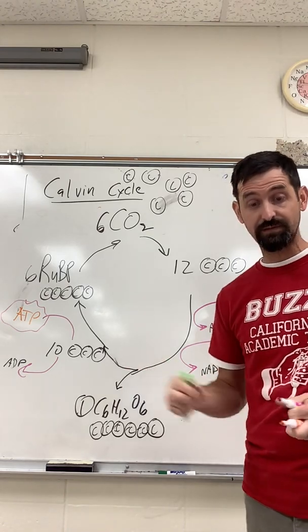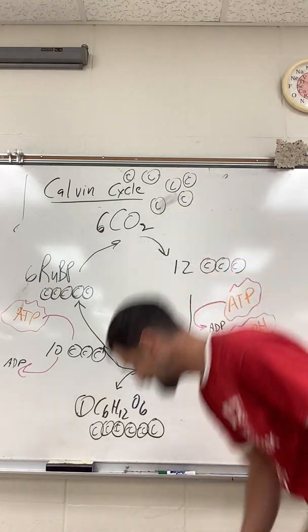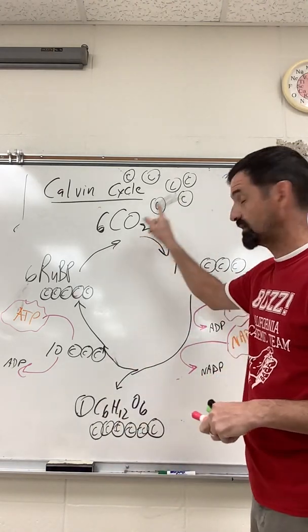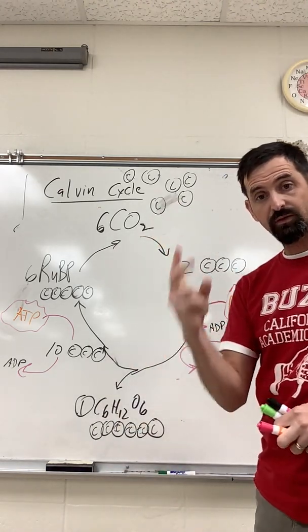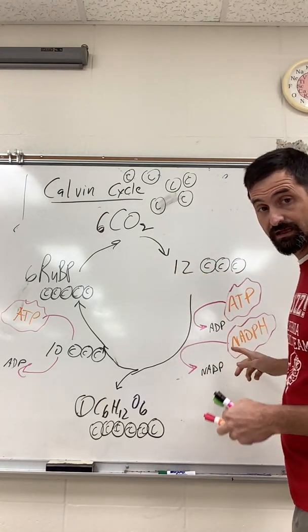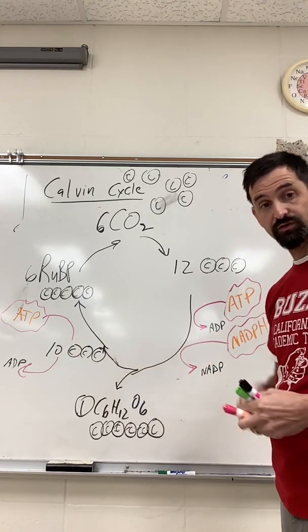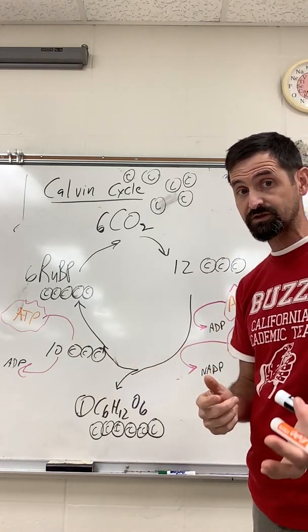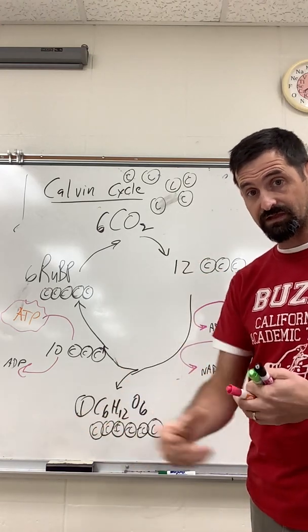So what do we need to make this happen? Well, what we need is some carbon, obviously. We have to be able to grab carbon, and we have to have energy, that is ATP and NADPH, available to drive the cycle, right? Your bicycle wheel doesn't turn unless you push on it. There has to be some energy invested in it.